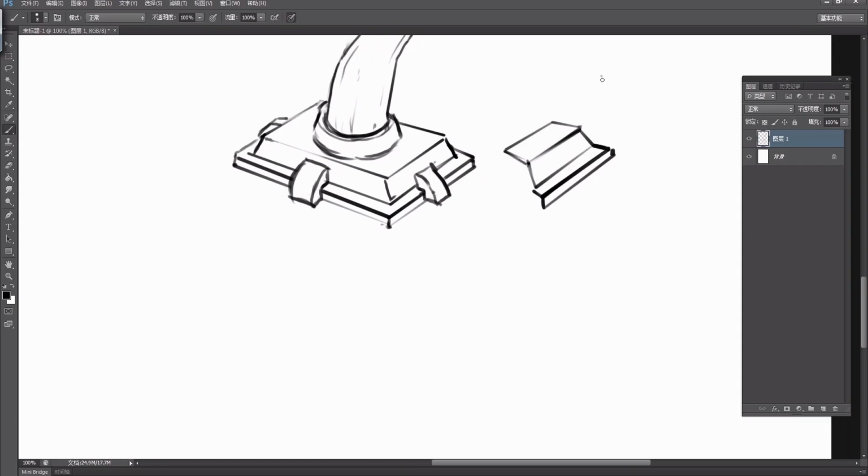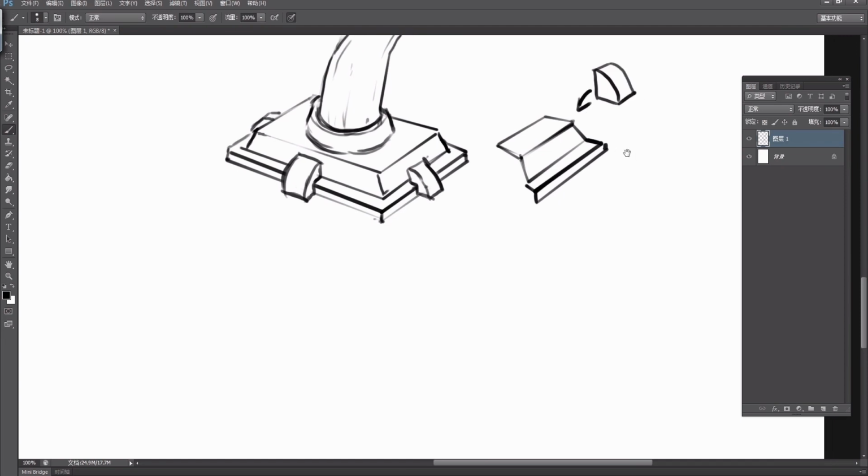If I put such a structure inside of it, what kind of changes will happen? Someone may paint like this and leave it aside. This is a wrong convergence.